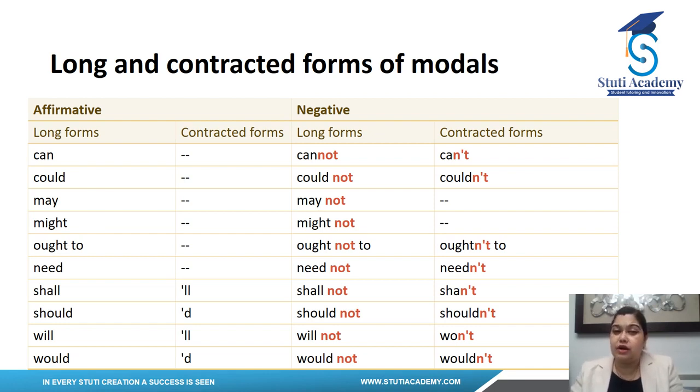So the next one here is will. Will has a contracted form in the affirmative, which again is an apostrophe and L. Now here, look at the magic of words. Shall has apostrophe and double L, and will has apostrophe and double L. But it is the right way of speaking or the right placement of these words.